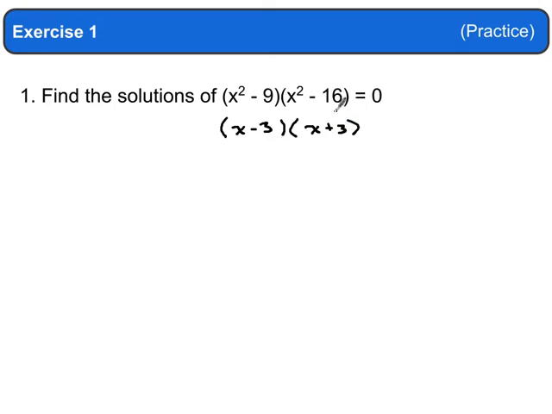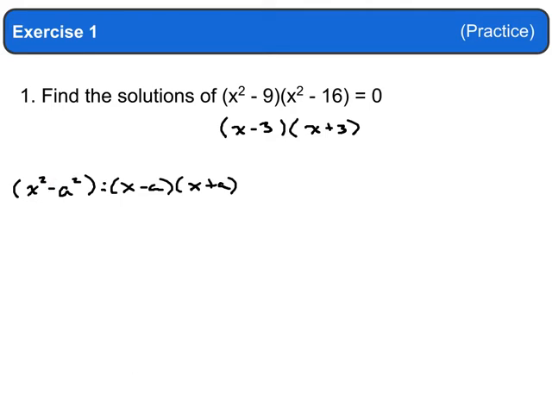If you're wondering how I came up with that idea, remember the difference of squares says x squared minus a squared is equal to x minus a, and then x plus a. How do I know these are going to be 3's?